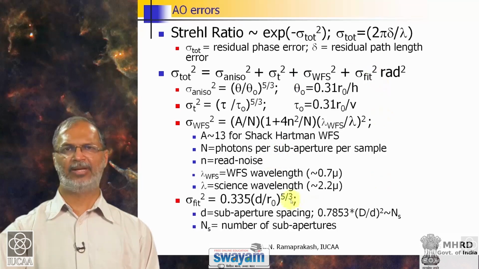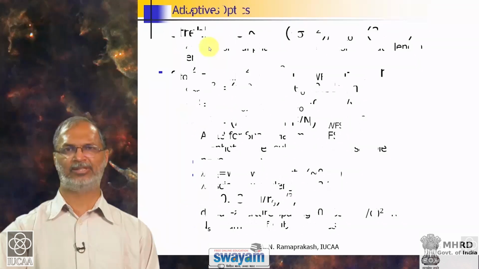And then finally, how well are you fitting your wavefront from all the measurements and recreating the wavefront. All these sources add up to your net residual measurement error, and that finally defines what kind of Strehl ratio you can achieve.